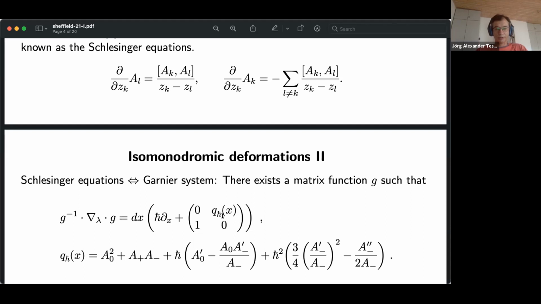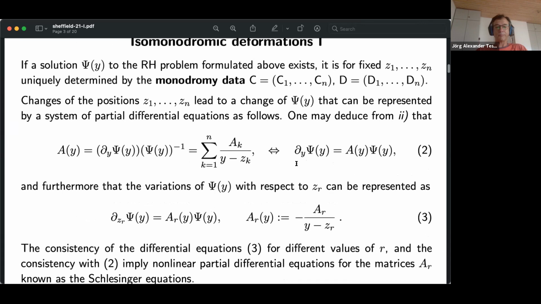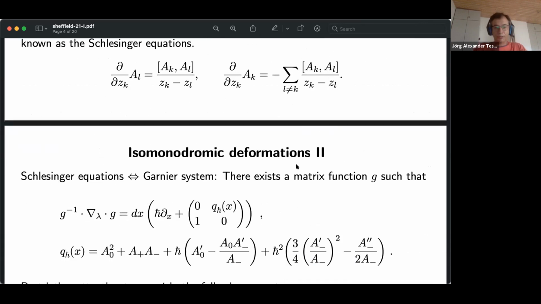And I noticed another typo, I should have introduced a scaling of a parameter H bar already here. So sorry, there are some typos or incomplete definitions, but in any way, I hope the idea is clear.